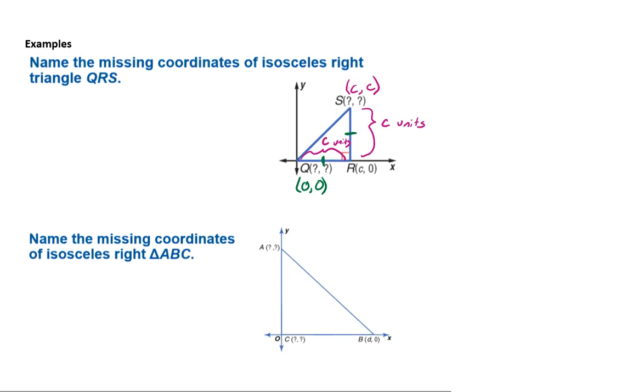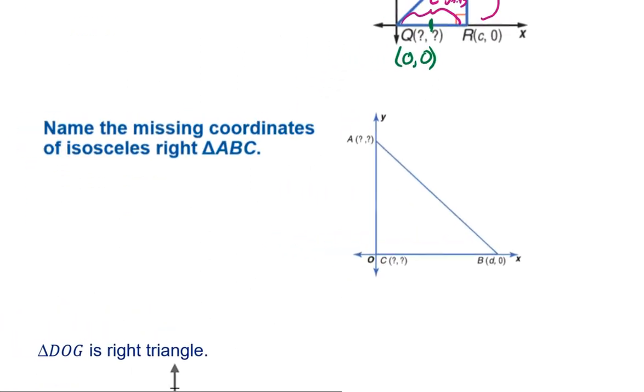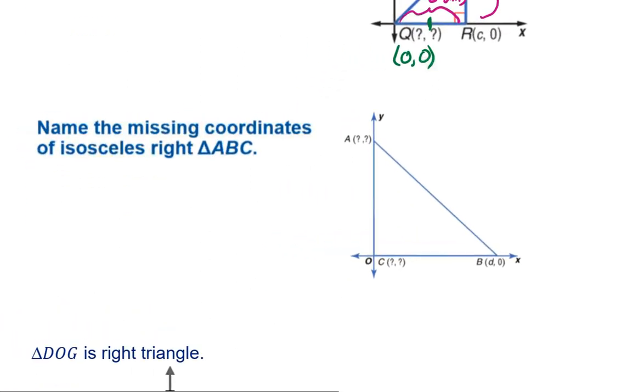I admit I would not have done my isosceles right triangle like this. I would have done my isosceles right triangle like this one, in that I have my axes. Here is my isosceles right triangle. The hypotenuse is always the longest side, so that means that AC and BC are the congruent legs. Here's my right angle.